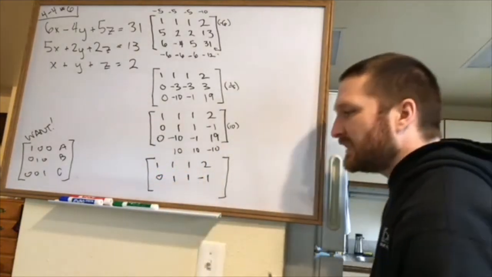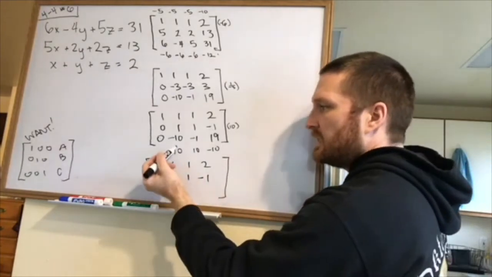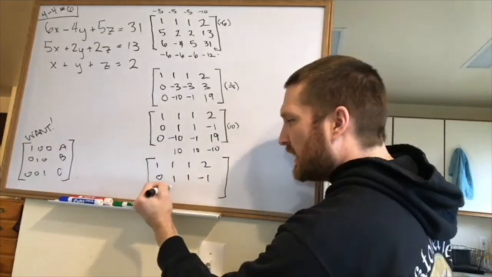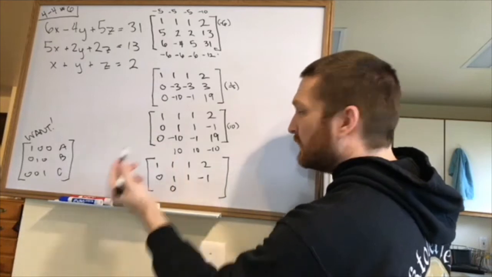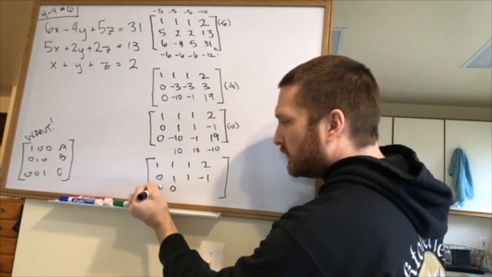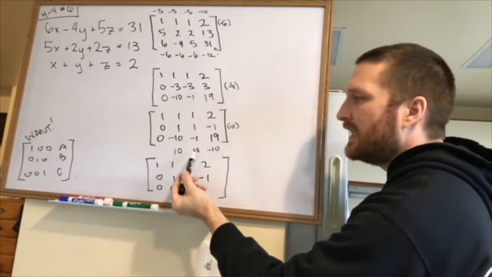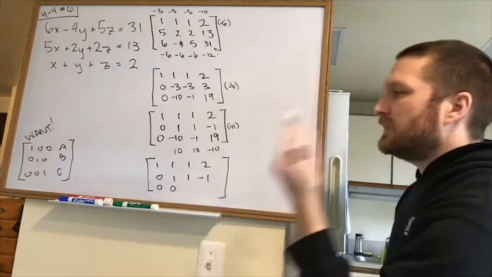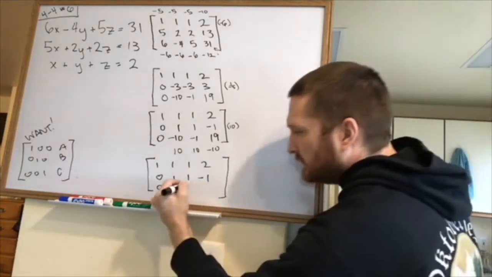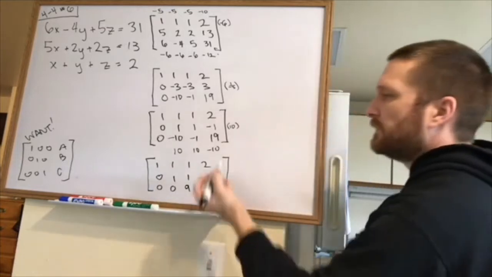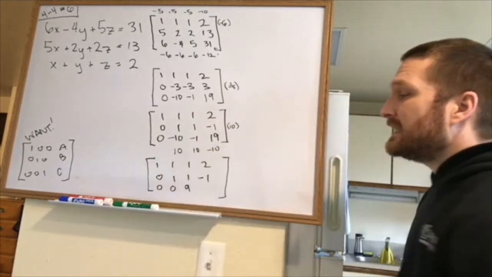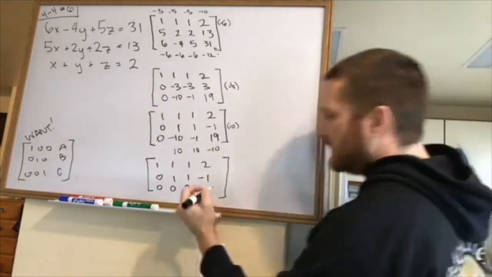The bottom row is changing, so let's go ahead and do that. 10 and -10 gives me a 0. The 0 there, we don't need to worry about. Okay. 10 and -1 gives me a +9. -10 and 19 gives me another +9.